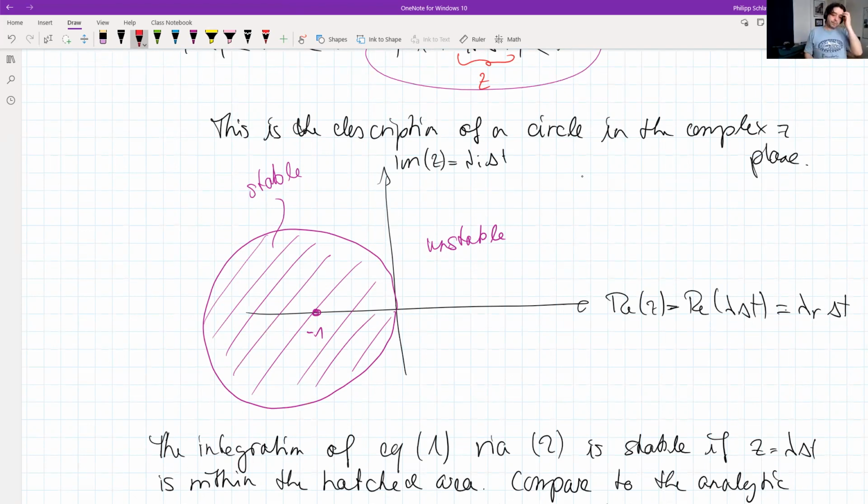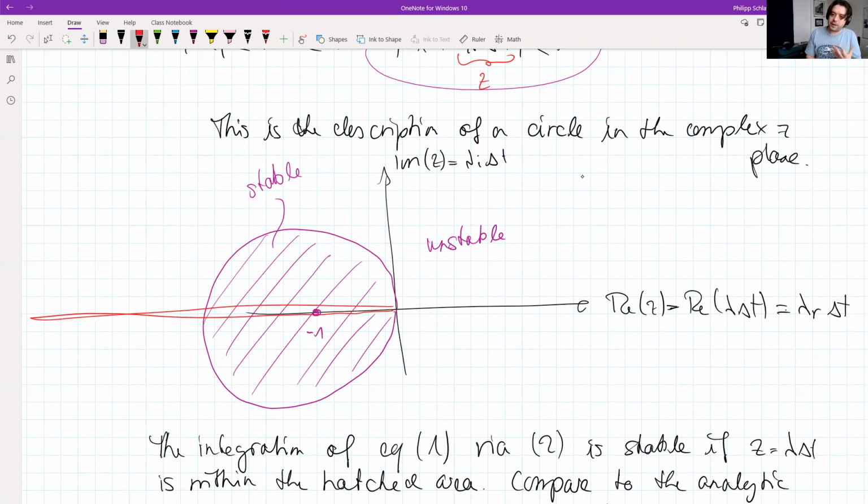So if we think that we have a specific equation given, so we have a specific lambda given, then it means that lambda times delta t needs to be chosen in such a way that I end up within this hatched area if I want to use the explicit Euler method. So if, let's just take an example, I have lambda being a negative real number, so that means lambda times delta t is somewhere on this line.